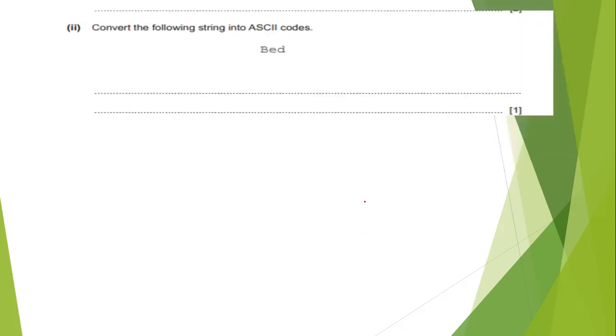Now see, convert the following string into ASCII code. Can you do that? Yes, Naima, can you do that? Convert the following string into ASCII code. Should I help? Okay, you try.